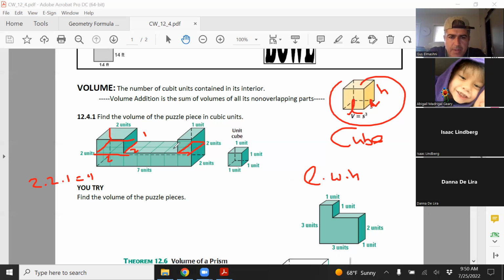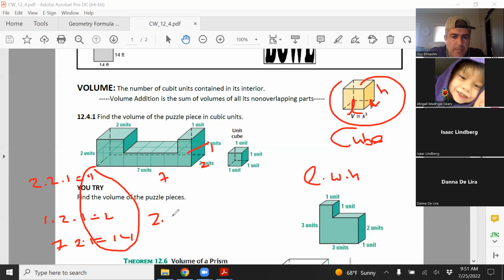This box right here is 1 by 2 by 1. And the bottom is going to be 7 by 2 by 1, which is 14. Add it all up, you get 20. And we always say it's cubic units.